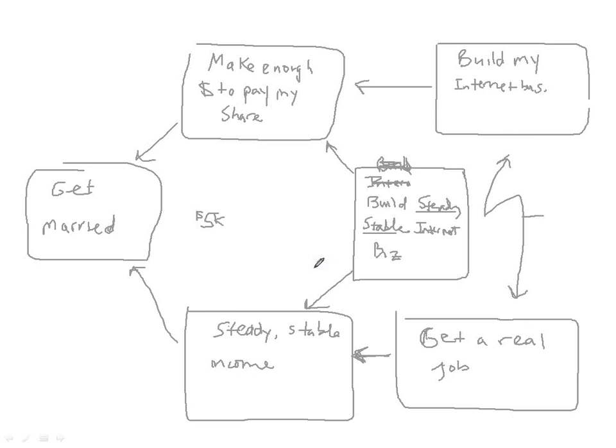I just got to figure out all the little bubbles on how to get that going. Yeah, so ask her what minimum amount per month would you consider steady and stable? Like if I could build a business that had that as the minimum, what's that magic number? And I think you hit it.